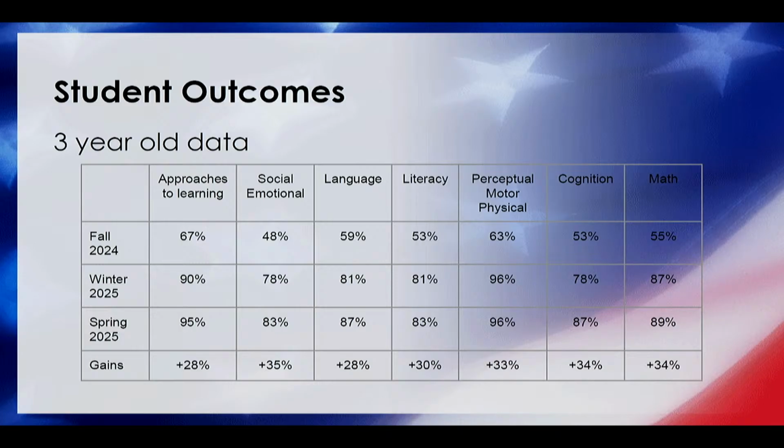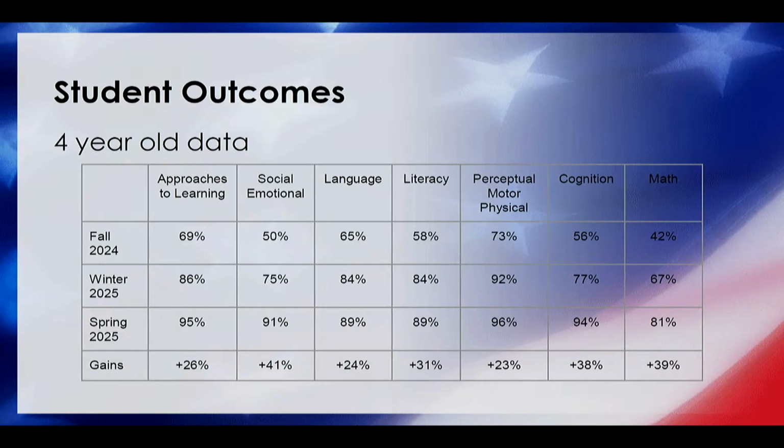Our teachers are rock stars, our parents are rock stars, because not only are our teachers working on all of these skills in the classroom, but we're working really hard to help our parents work on these at home with their kiddos too. So we have some really nice gains that you see here with the 3-year-olds as well as the 4-year-olds. And so these are students who have met or exceeded the school readiness goals.